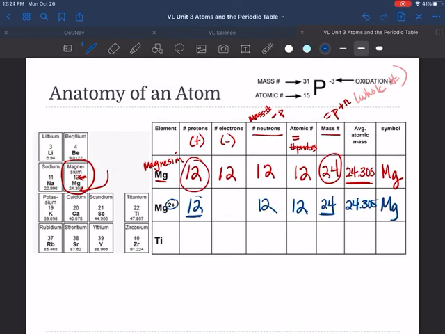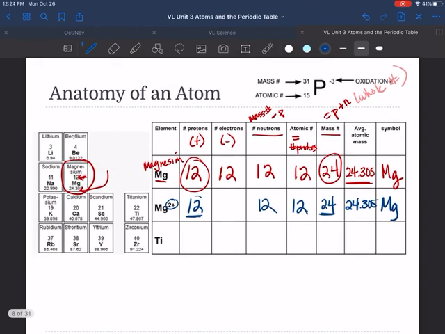But what is this doing with electrons? Well, we've got an electrical charge here, and the electrical charge will be written for you. What that electrical charge means is that version of magnesium has 2 more positive charges than it does negative charges, right?